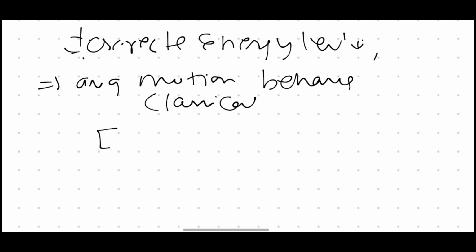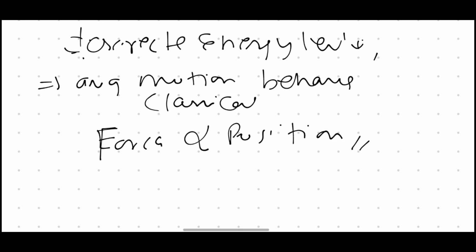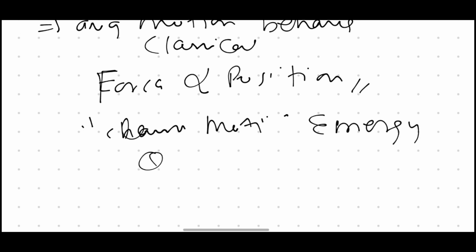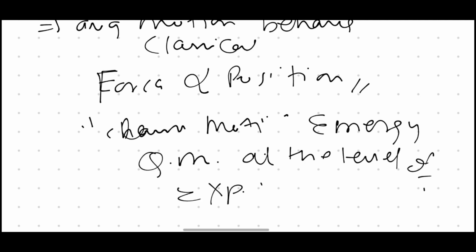Because the force is directly proportional to position in a harmonic oscillator. Therefore, the harmonic oscillator clearly shows how classical motion emerges. It of course emerges from quantum mechanics at the level of expectation value. And with this, thank you so much for watching.